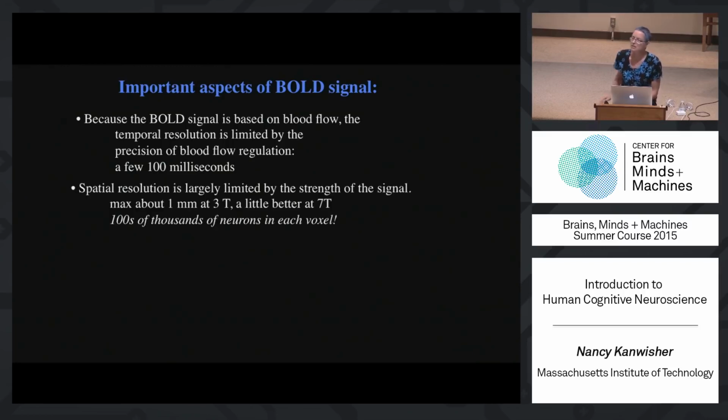The second thing is that the spatial resolution is the best that we have in humans non-invasively right now, but it's absolutely awful compared to what you can do in animals. So I missed Jim DiCarlo's talk yesterday, but those methods are spectacular. You can record from individual neurons, record their precise activity with beautiful time information. In contrast, functional MRI is like the dark ages. We have typically hundreds of thousands of neurons in each voxel.